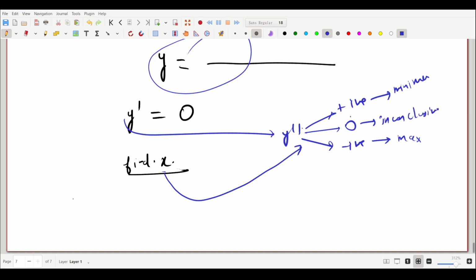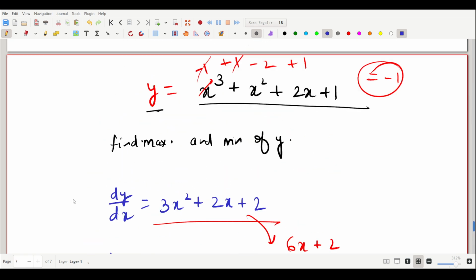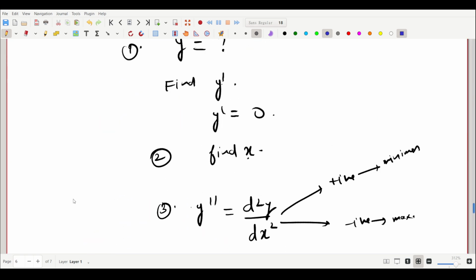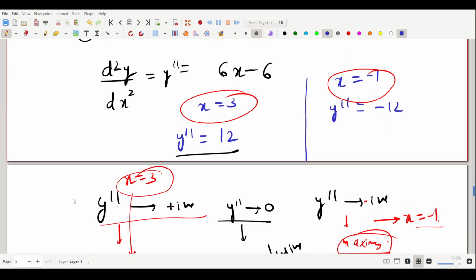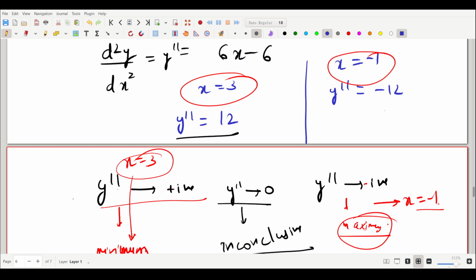This is how we do it. This is how we find the maxima. Maximum value is the value of y, minimum value is the value of y, but the value of x at which y is minimum is known as minima. For example, in the earlier question we have seen, x equals 3 was giving you the minimum value.